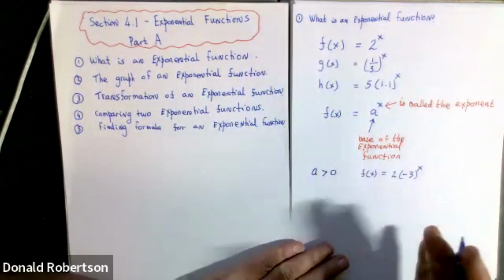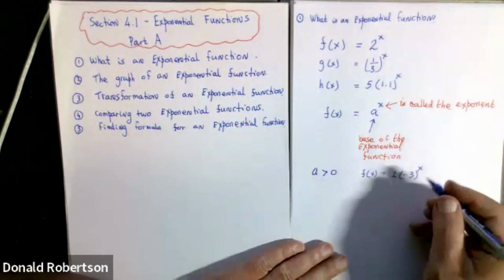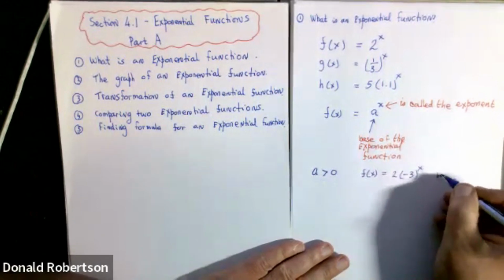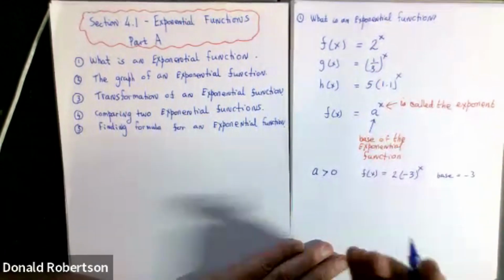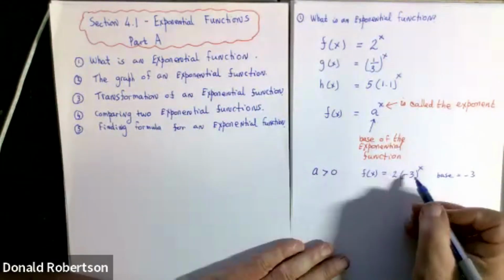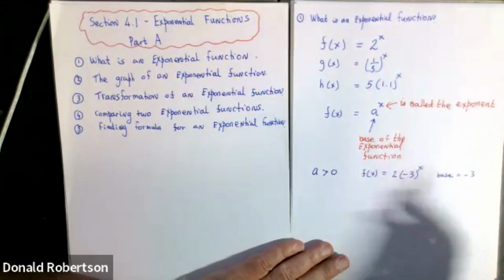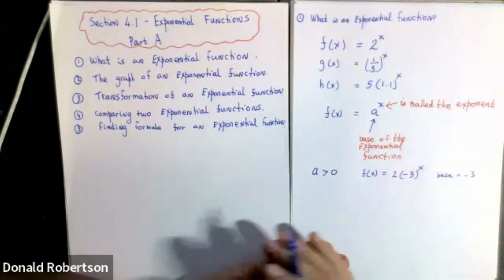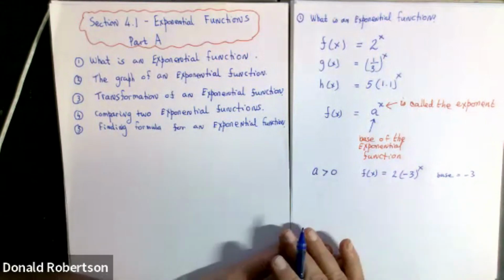Now, the reason why it's not really considered a normal, proper exponential function is that the base here is a negative number, -3. And you might think, well, that's not a problem, -3 to the power of 1, -3 to the power of 2, as long as x is a positive number, or even an integer like -7, you could get an answer.